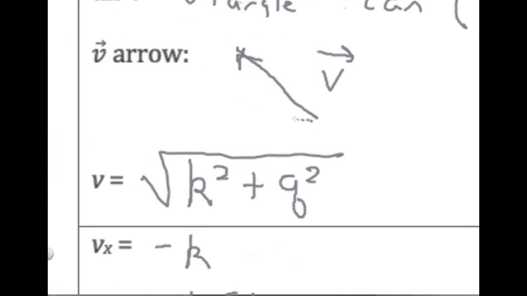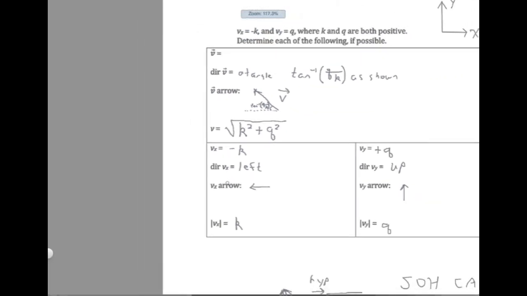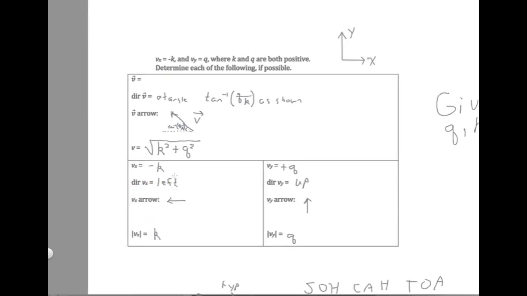And we have to show in our picture where that angle is. So that angle is here. Inverse tangent Q over K. You have to show in your picture where the angle is so that the reader knows what you're talking about.